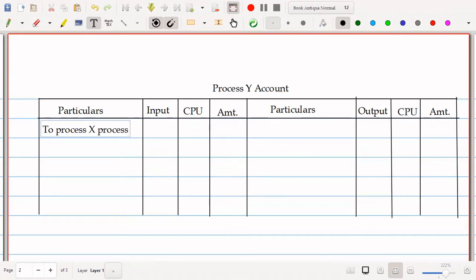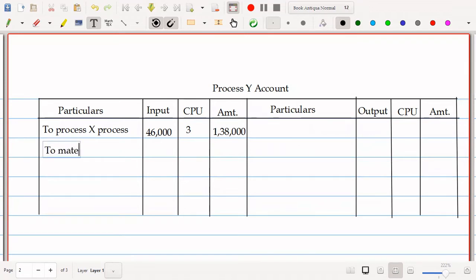What was that? 46,000, and CPU was 3, and the total amount was 1,38,000. Let's take down the expenses.